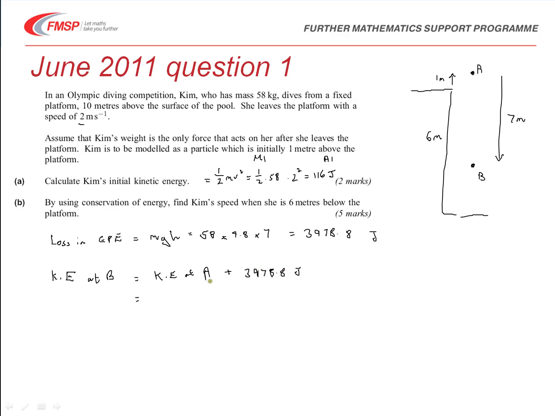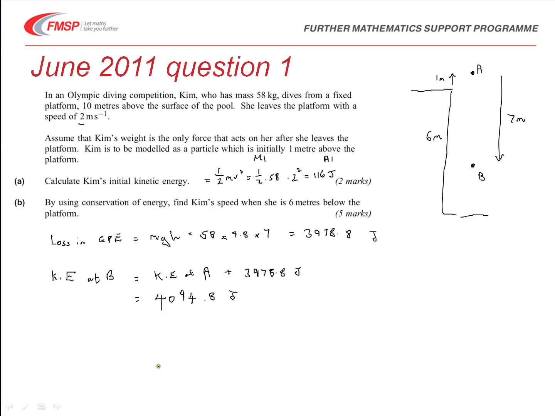And we know the kinetic energy at A was 116, so we need to just add that 116 onto that figure, and that will give us 4,094.8 joules. So that's the kinetic energy at B.